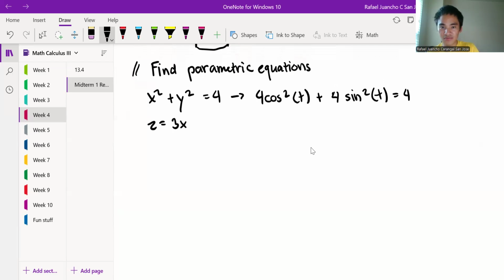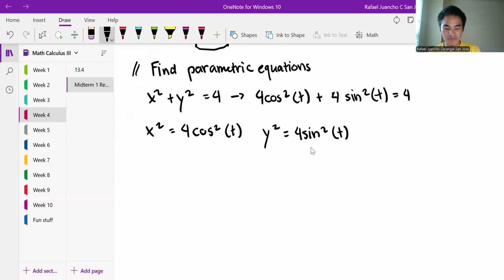And so from here, we can say that x squared is equal to 4 cosine squared of t, and y squared is equal to 4 sine squared of t, right? And then from here, we can just get our x value. So that's 2 cosine t. My y value is 2 sine t.